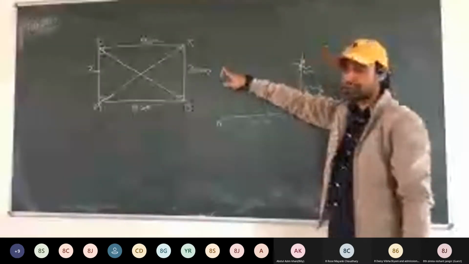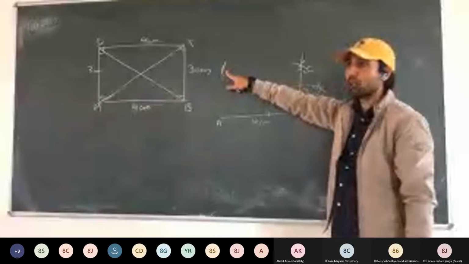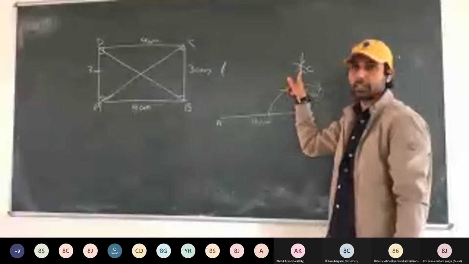D point will lie somewhere on this arc, 4 centimeters away from C. Again take 3 centimeters of radius from A and make an arc. Wherever these two arcs cut, we will have the vertex D. Now, this is how we draw the rectangle when two sides are given.